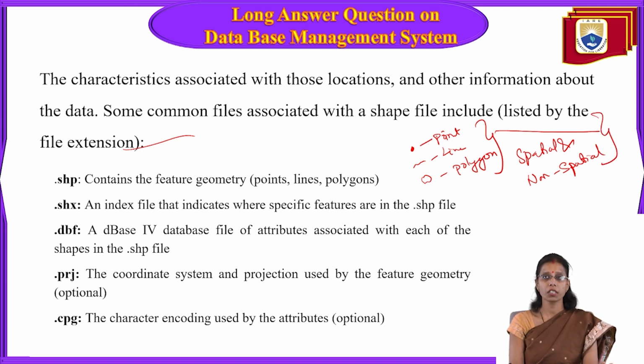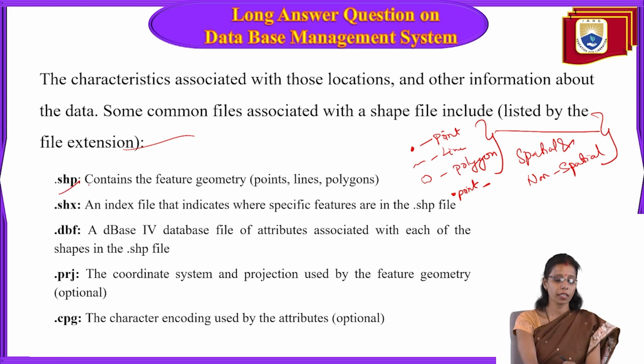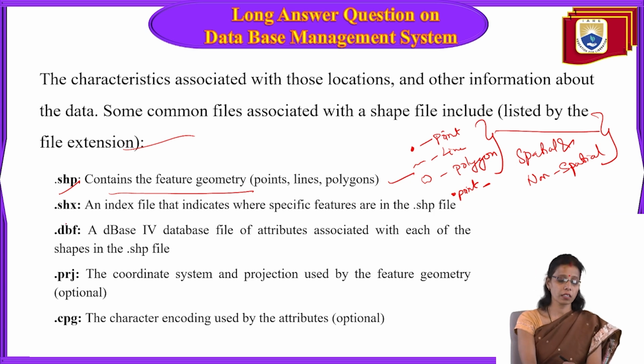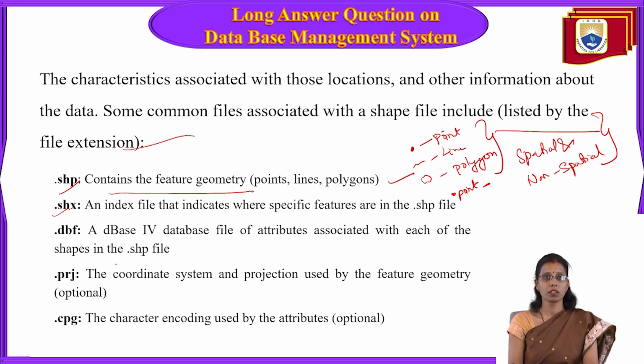So what kind of extensions does a shapefile have? Once you create a shapefile, let us say you create a point, the first extension file created is .shp, which contains the feature geometry: points, lines, and polygons. The next files created are .shx and .dbf.